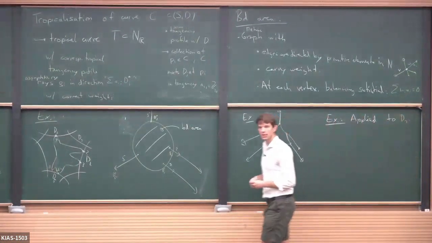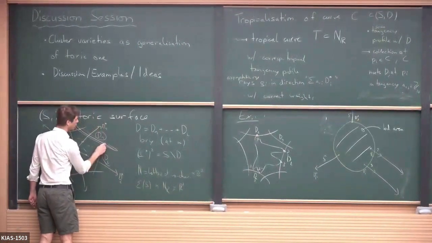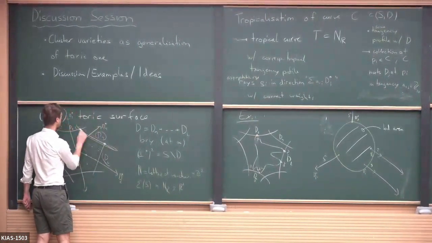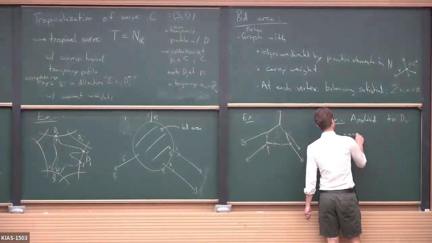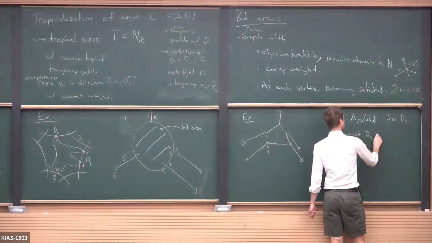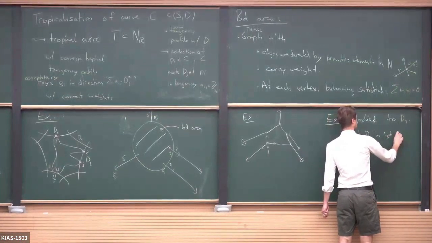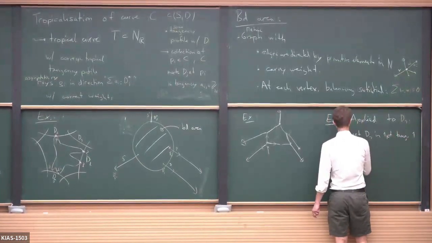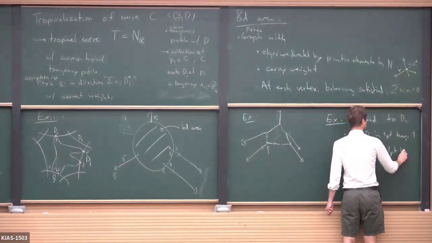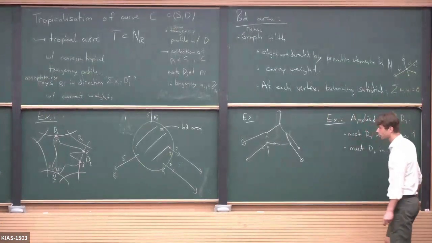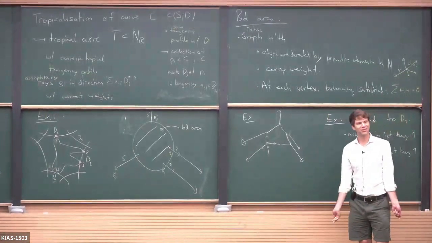what we get is, well, D1, as you can see, meets DL in one point of tangent C1. It meets D2 in one point of tangent C1. But it also meets itself, right?